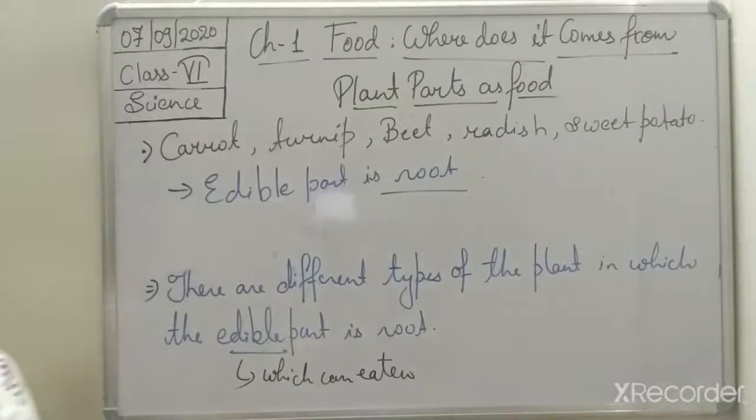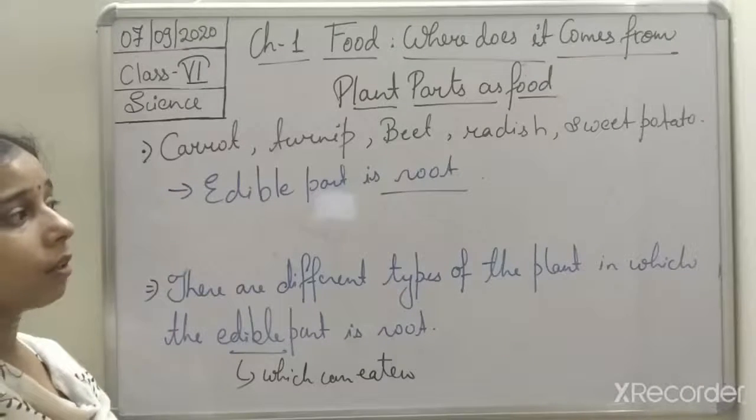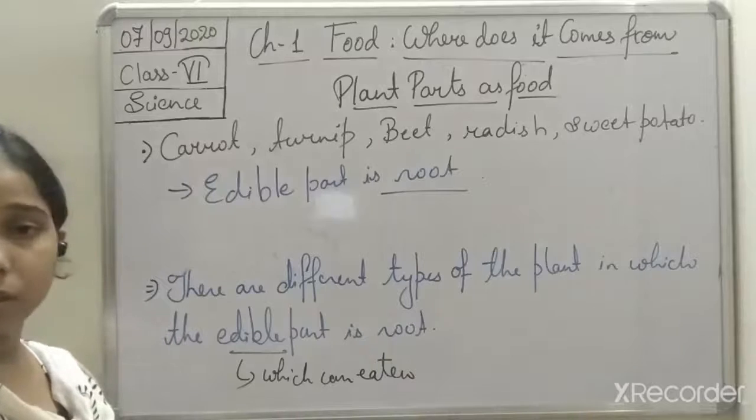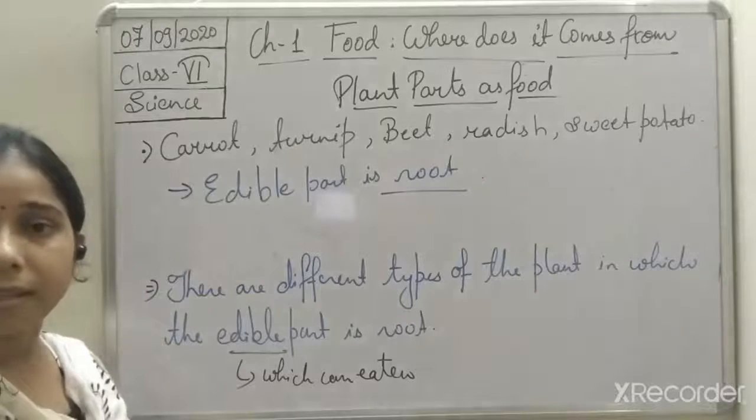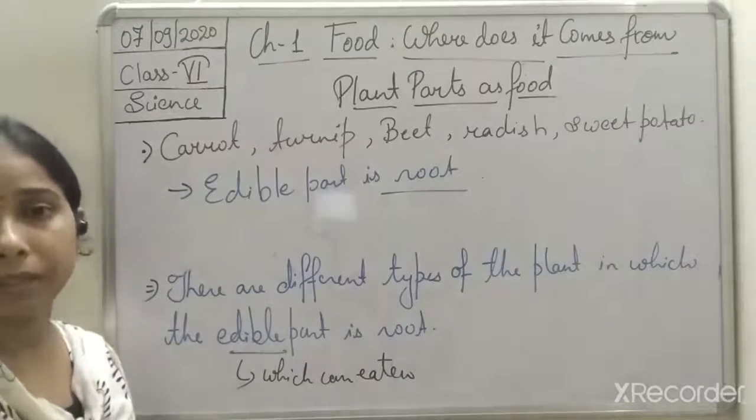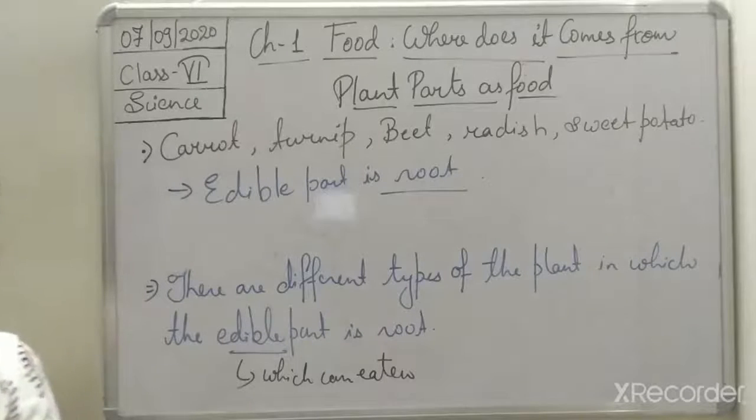Okay. Now we will move to the next one, in which we will study that the edible part of the plant is the stem. The plant in which we eat the stem of the plant. Okay.